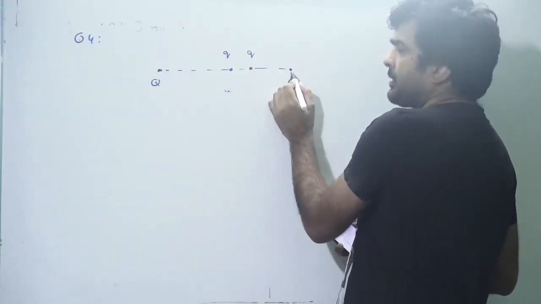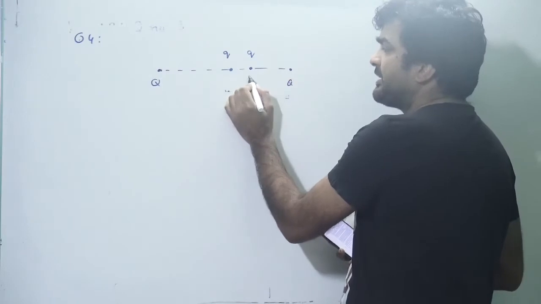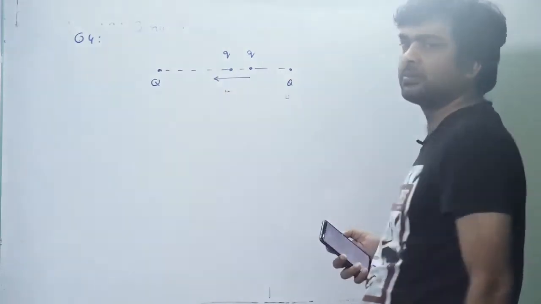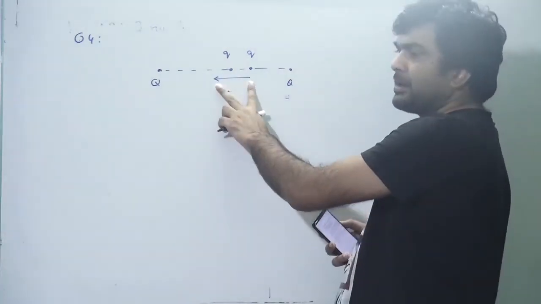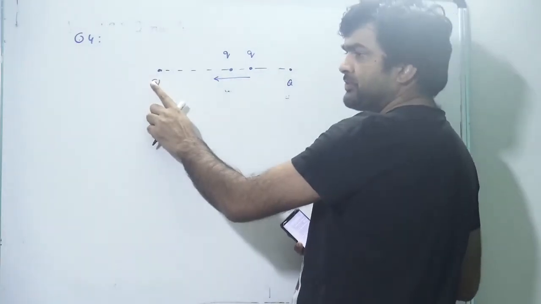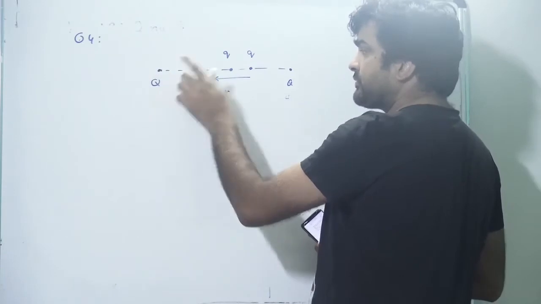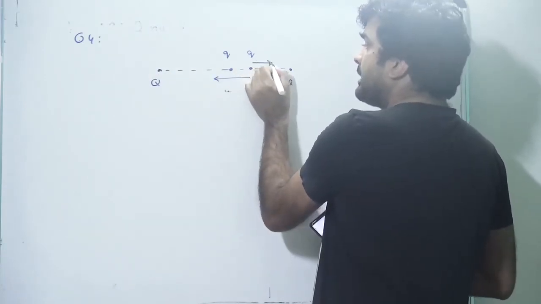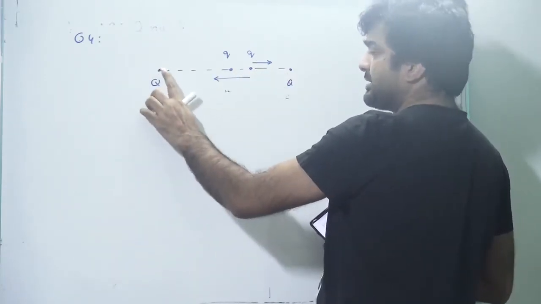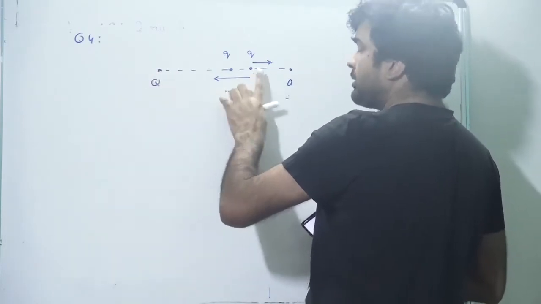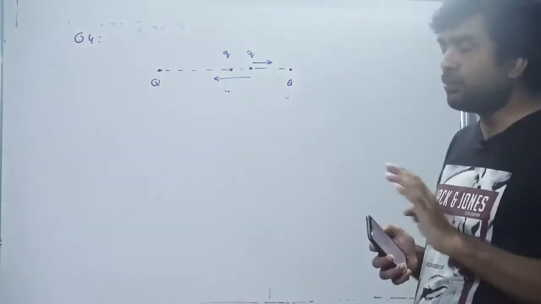What will happen? From this positive charge, it will experience a repulsive force which will be higher in magnitude as compared to this positive charge. It will also experience a repulsive force from this positive charge, but this will be lesser in magnitude because the distance between this plus Q and Q is now more.